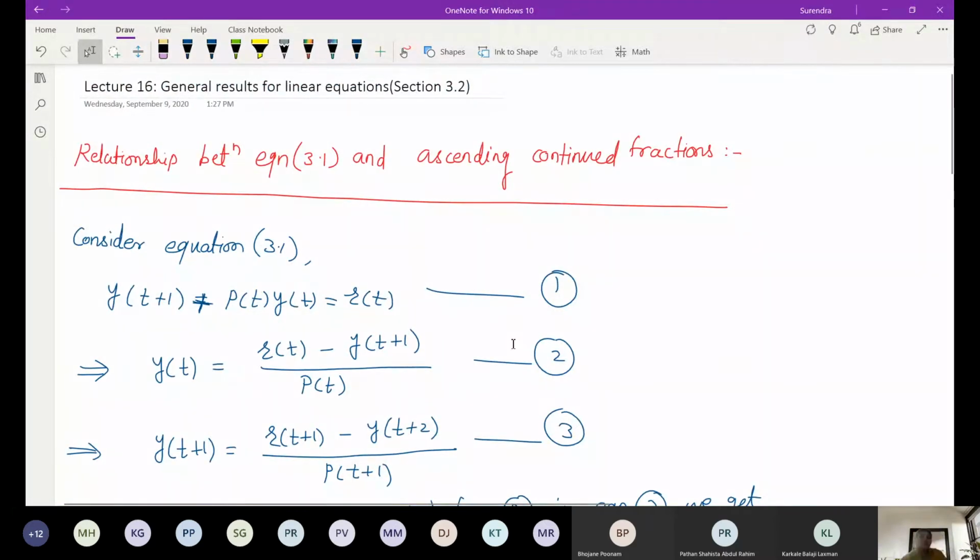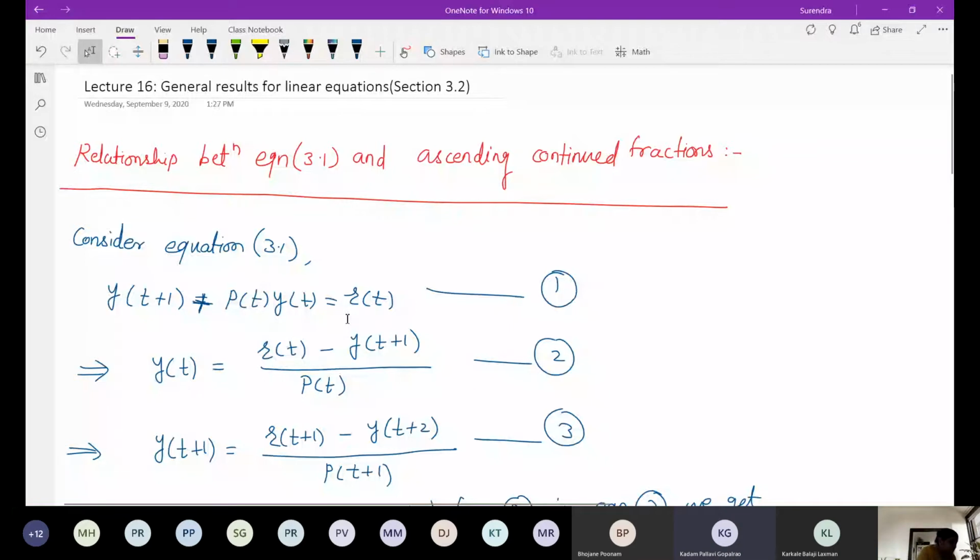If my equation is this one, what is 3.1? Ma'am, there it becomes minus, you wrote plus. y of t plus 1 minus p of t y of t is equal to r of t. What was my 3.1?